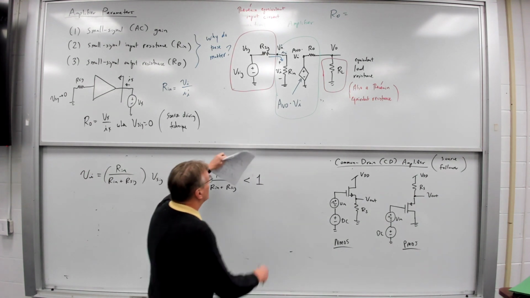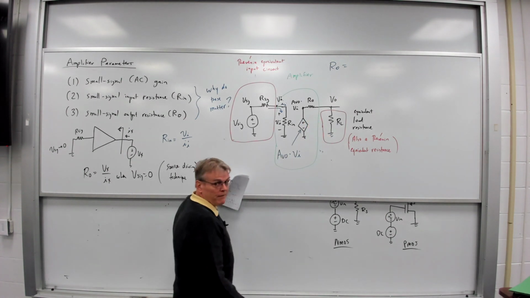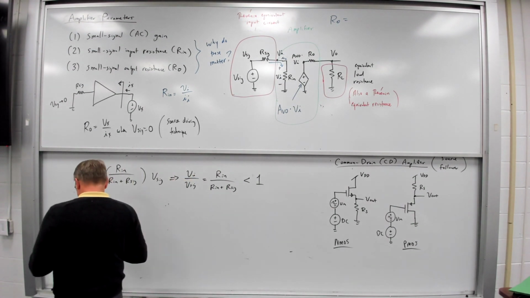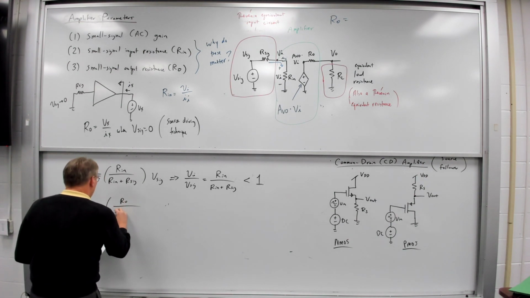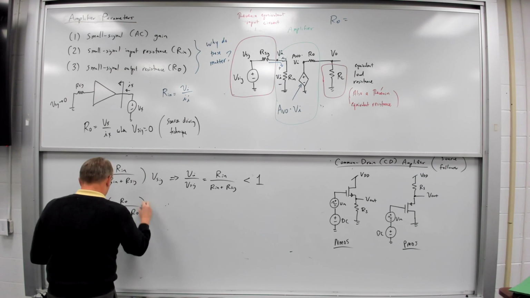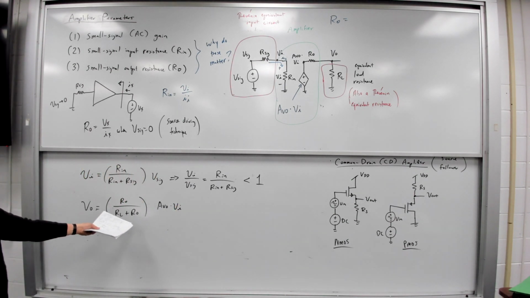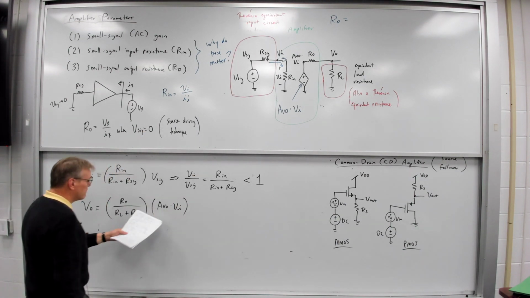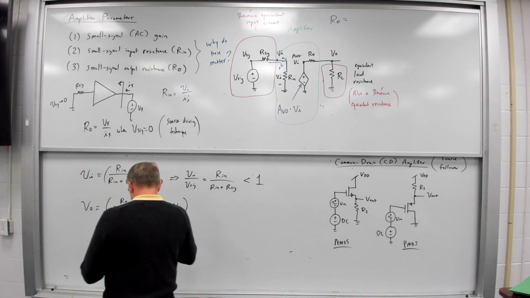What about V_O? Well, once again in this case, what do I have? A voltage divider between R_O and R_L. And once again, I can write that: V_O is equal to R_L over R_L plus R_O times A_VO times V_i. That's the input voltage to that divider. All right.